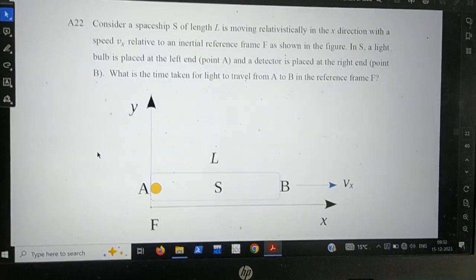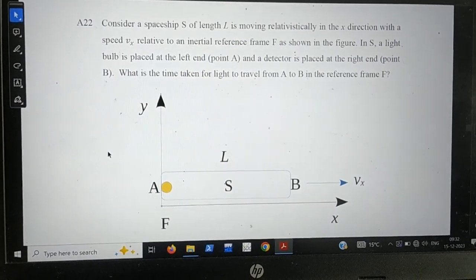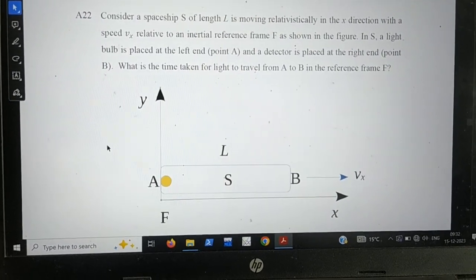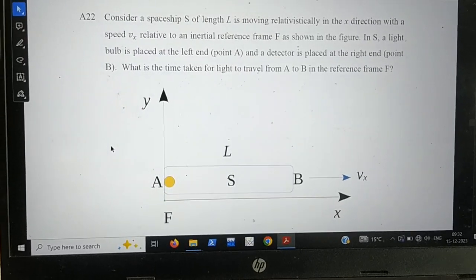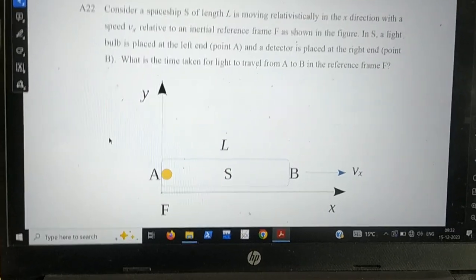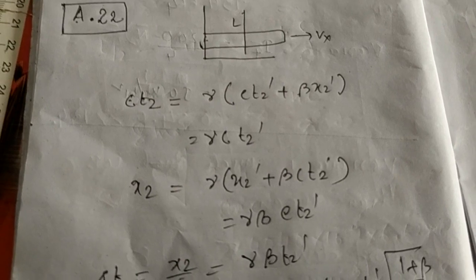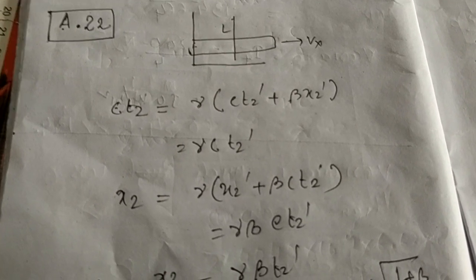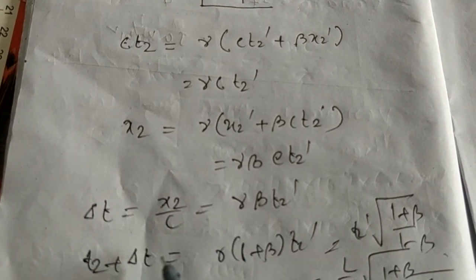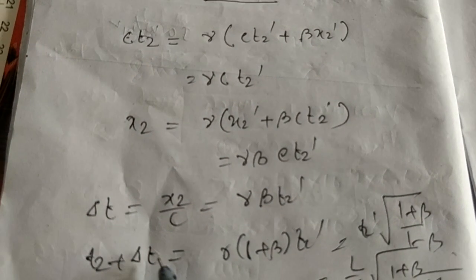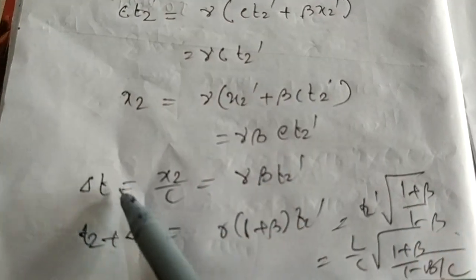You just need to first differentiate the S and S dash frames. The frame which is moving with Vx is S dash, and the frame which is the observing reference frame is F. Now we are writing the coordinates. Writing the coordinates in the F frame, we get this. This is the del T, the time lapse between the measurements.